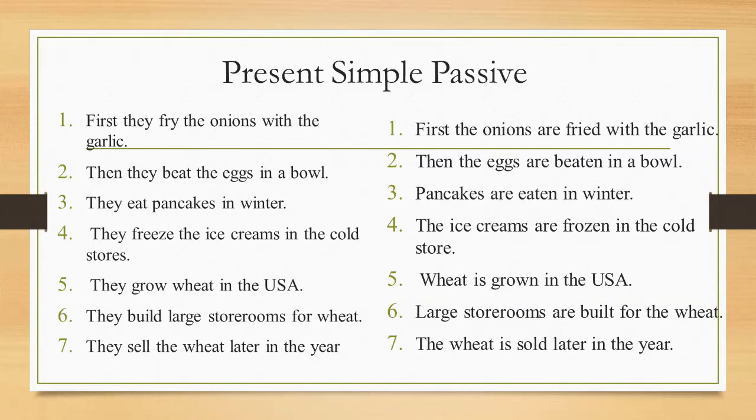Again, active sentences are those sentences which have a subject. First, they fry the onions. First, the onions are fried. So at the part 1, first they fry the onions with the garlic because they is the subject, so this is active voice.